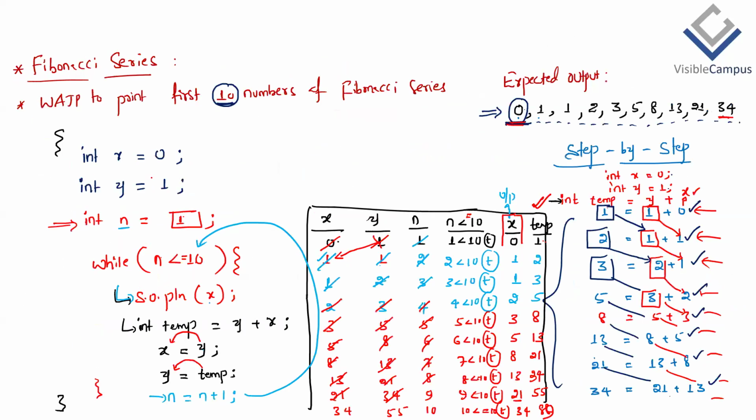First initialization, then followed by condition, then increment or decrement inside the loop body. So this scenario is increment. Understood? If you want to control by x, if you want to control by y also is possible. There are different ways to write the same program. Whichever you understood, whichever you feel comfortable with, you can go accordingly. Clear? So I recommend you to practice this program by understanding it.